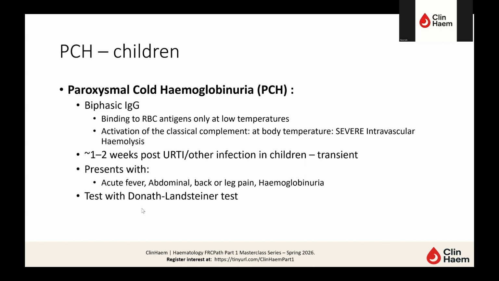What you test is with a test called the Donath-Landsteiner test, and basically what it does is try to show the biphasic nature of the antibody. That will only be positive for C3d again, because this is acting, it's not cold, but it's acting like that. So you will bind in the periphery, come back, activate complement, and then disappear. So C3d is only positive here as well.